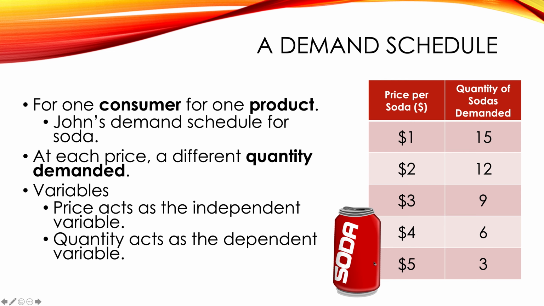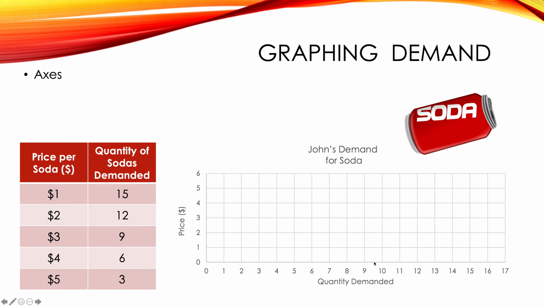Now, creating a demand curve is no harder than just taking the information from the table and plotting it on a graph. But one thing that we do have to set up real quick are the axes, because this is going to strike some people as unusual, but this is how economists do it. We're going to take quantity demanded, which is the dependent variable, and put that on the x-axis.